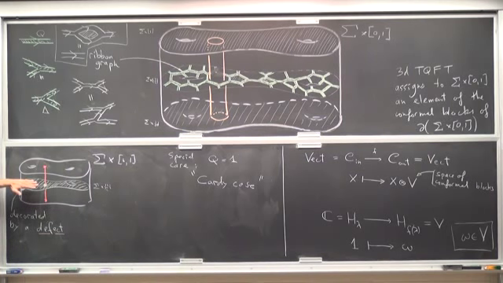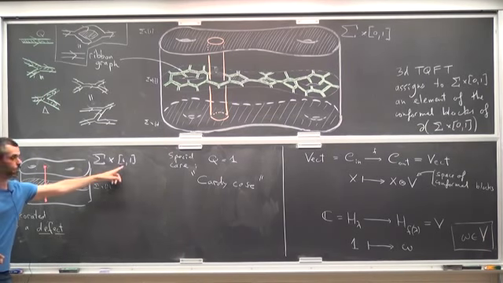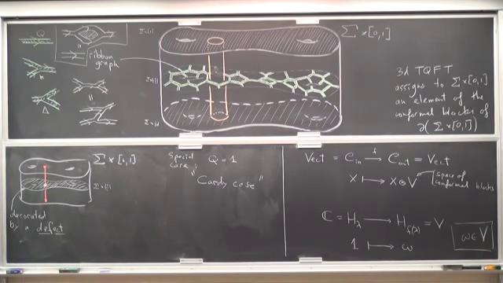So when this defect is absent from the picture, well, what do we have? We have this little red interval, and we have a conformal net. And what do we want? We want a von Neumann algebra. Well, a conformal net does exactly that. It produces a von Neumann algebra. So I have told you already in the Cardy case what is the von Neumann algebra associated to a point. It is the value of the conformal net on the interval 0, 1. Now I want to do the same thing in the presence of a defect.